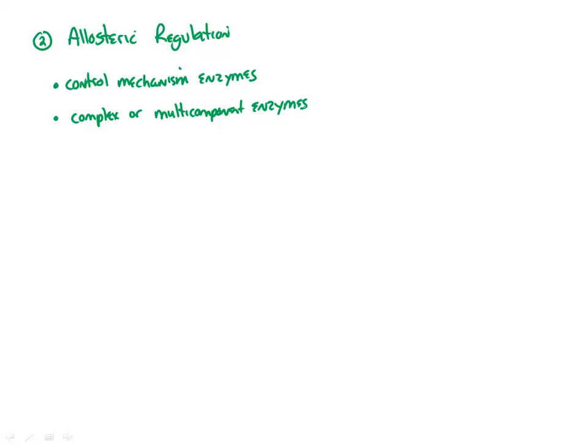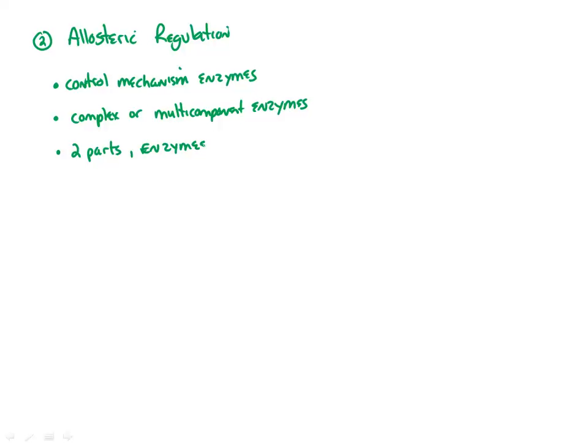A lot of enzymes, remember, if we take a look at their quaternary structure, can have multiple subunits and multiple parts to them. That's where something like allosteric regulation probably plays a bigger role, in that there's more parts of the molecule that it can bind to. There are two parts, and an enzyme can have one, or none of those parts, or two of those parts.